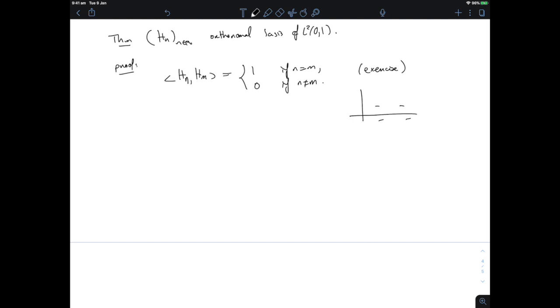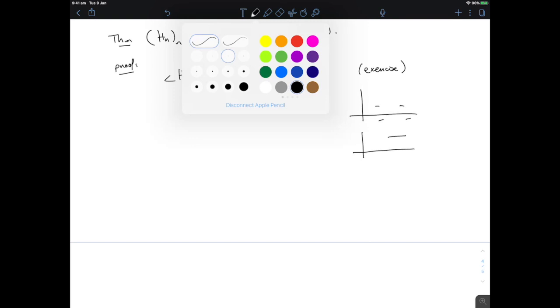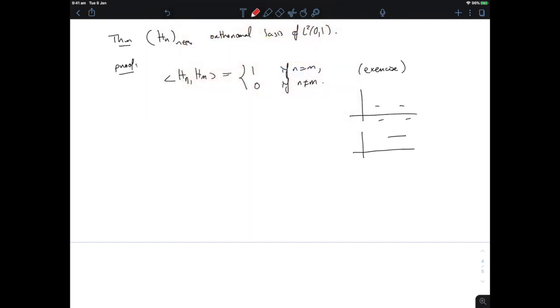And then if they are located on the same interval, but at different scales, then one of them will be equal to 1 on this interval, and the other one, the one that corresponds to a more refined scale, would be equal to plus 1 on half of the interval and minus 1 on half of the interval.